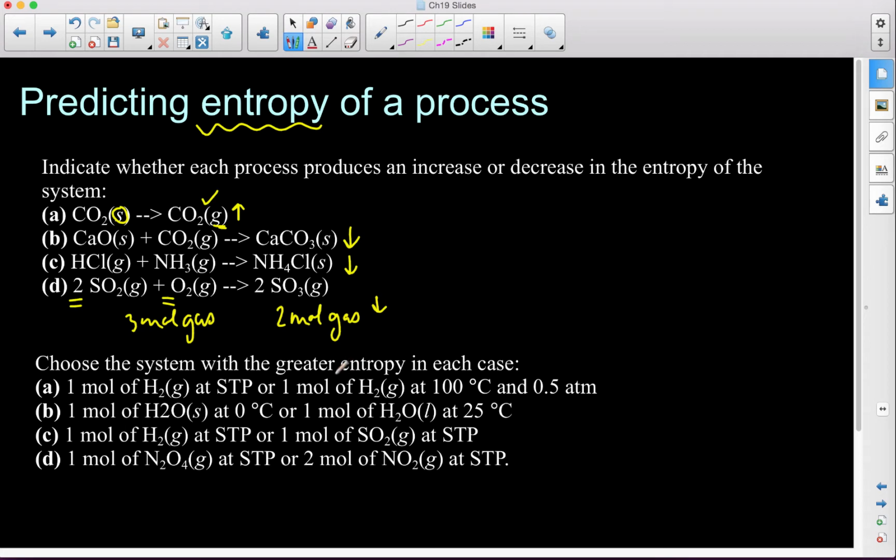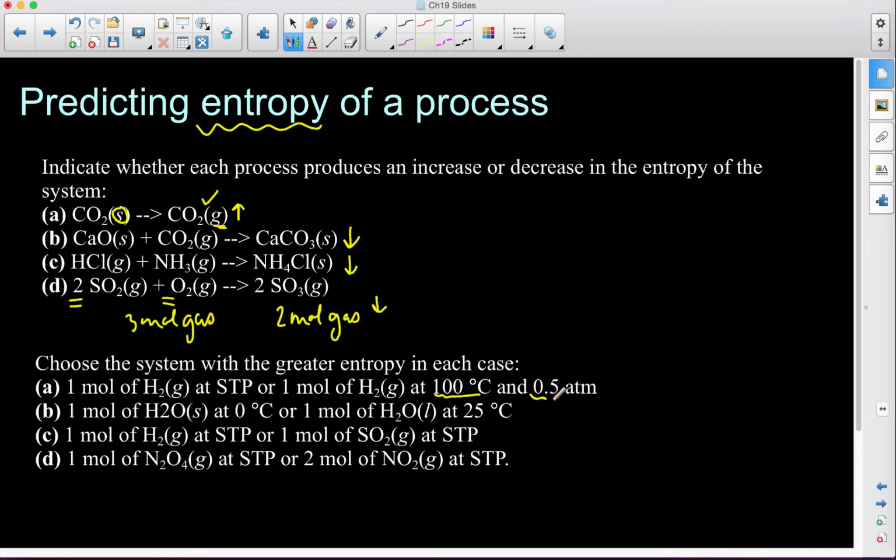So now we're not looking at a reaction so much as just comparing A and B situations to situations. All right, so here we have 1 mole of H2 at STP, or 1 mole of H2 at 100 degrees Celsius and half an atmosphere. STP is what? All right, that's standard temperature and pressure, which is 0 degrees Celsius and 1 atmosphere pressure. Here we have increased temperature, where if we increase the temperature, we know that they have more kinetic energy, right?